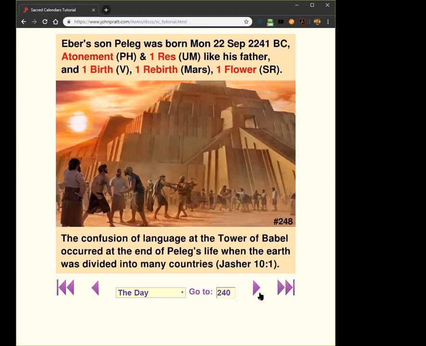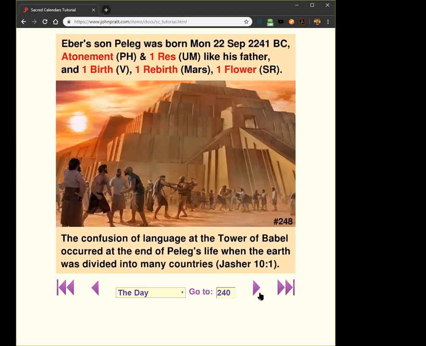And it turns out the confusion of languages at the Tower of Babel is right at the end of Peleg's life. I may not have published an exact date for that. I've got one. It's not too amazing, and I'm not too sure of it. I'm not sure that's even on my list of dates.